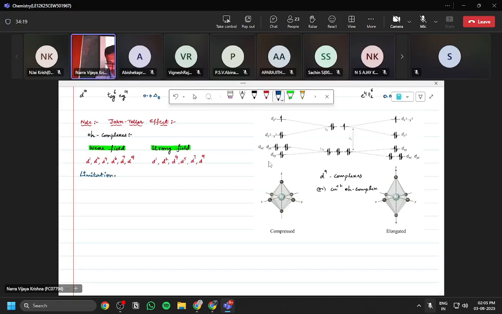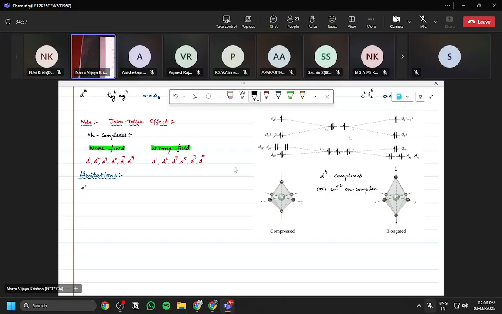Now come to limitations of CFT. Open your target booklet. Limitations of crystal field theory. First limitation we have already seen: anion, cation, neutral, all are considered as point charges. If all are considered as point charges, which type of point charges should show more field strength?